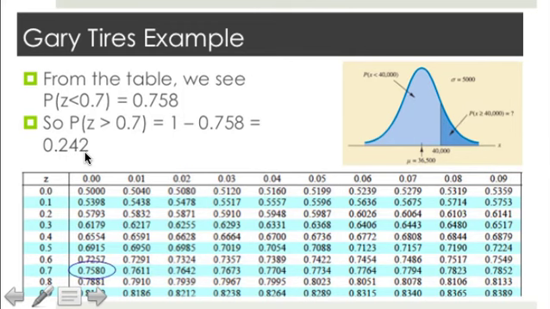Keep in mind again that in order to get here, we had to convert the 40,000 mile value on one distribution to the standard normal distribution, where the mean is 0 and the standard deviation is 1, because that's the distribution that's represented here in this table that we're getting these values from.